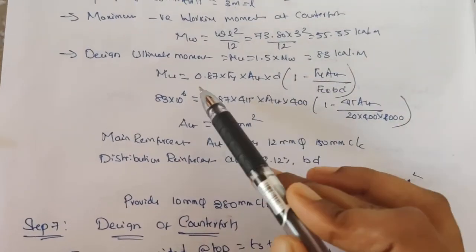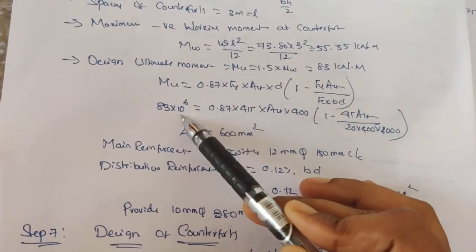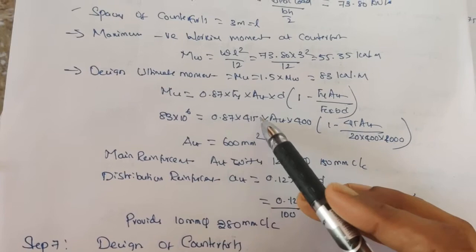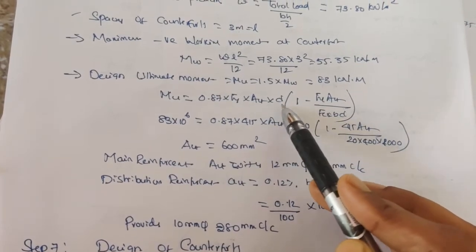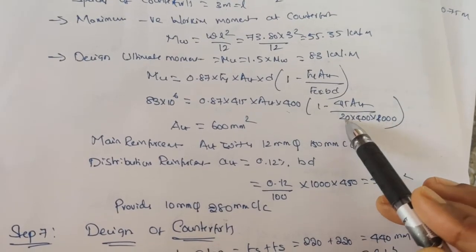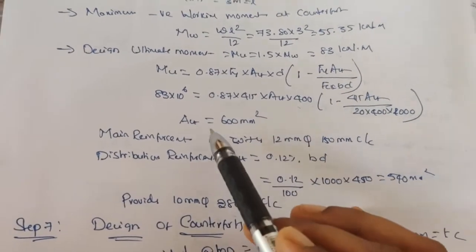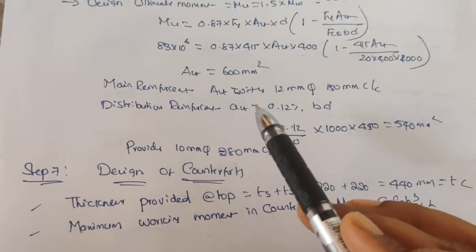So when you substitute this value here for Mu, because it's in kilonewton meter, you are converting to Newton mm. So 0.87, fy is 415, Ast unknown, d 400 effective depth, fy 415, fck 20, and b is 1000, d is 400. So Ast you are getting here as 600 mm square.